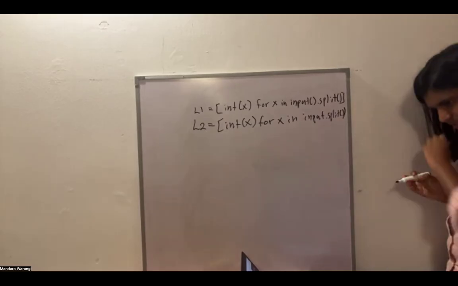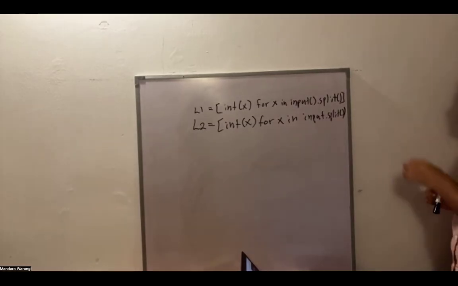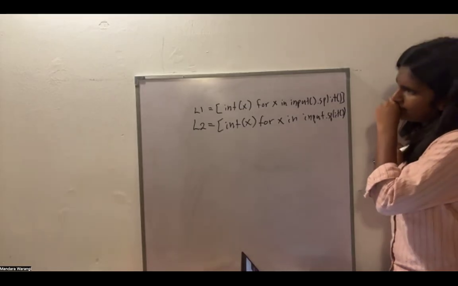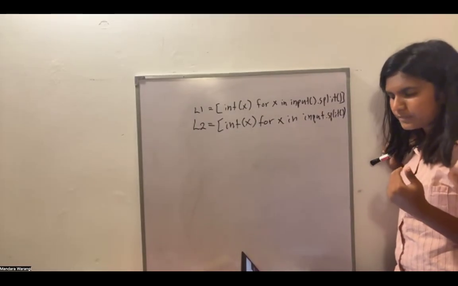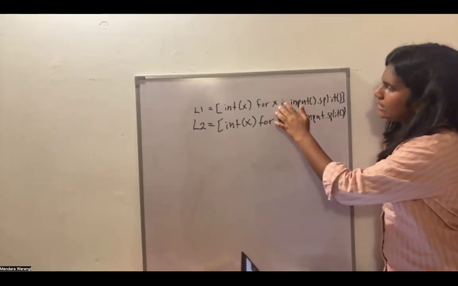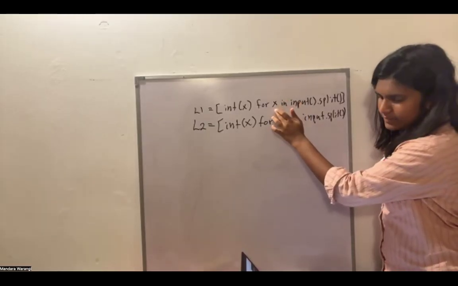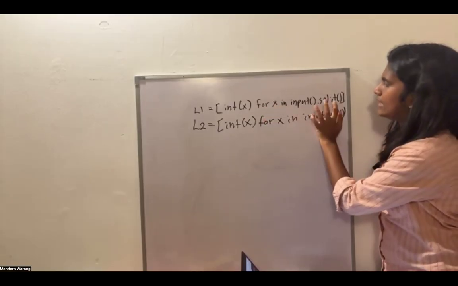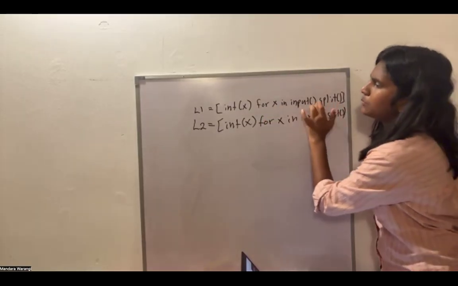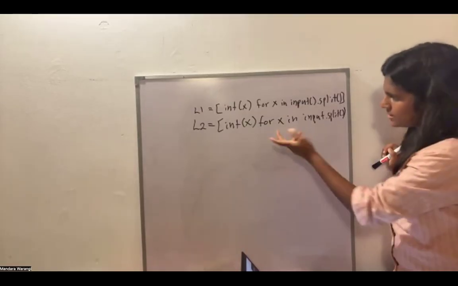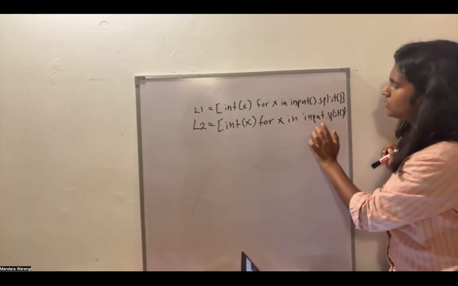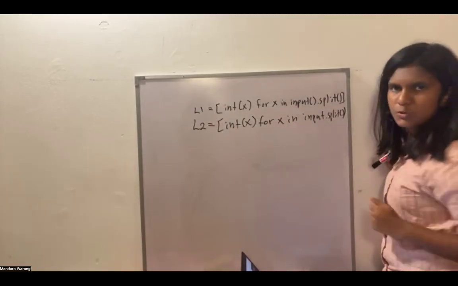In this case, we get inputs from the user. We take it as x, make it an integer, split it and put it into L1. L1 is a list. Second also, we take inputs from the user and put them into list 2.